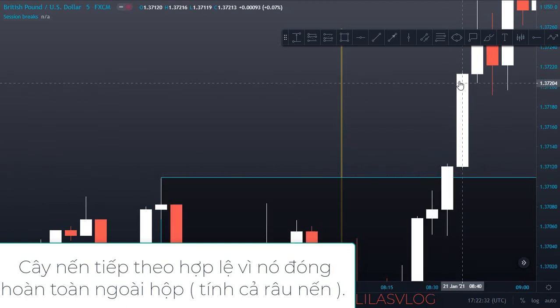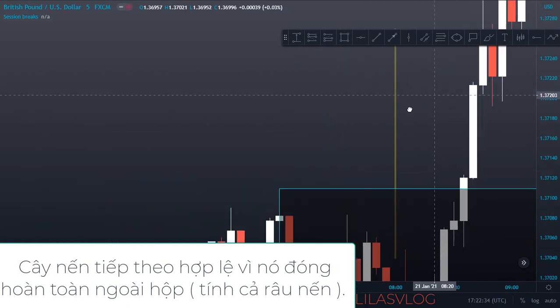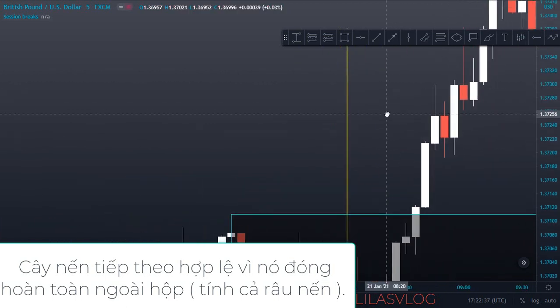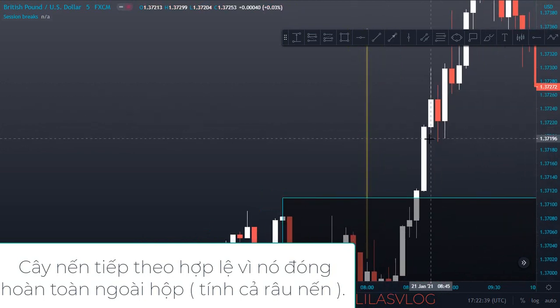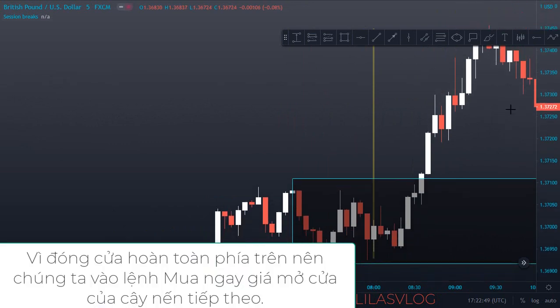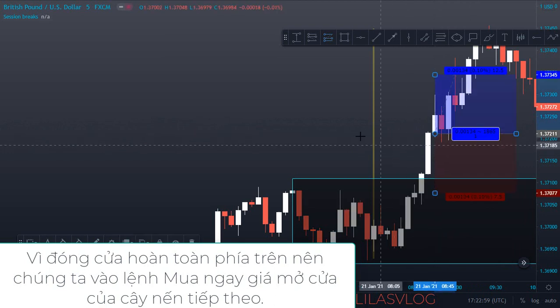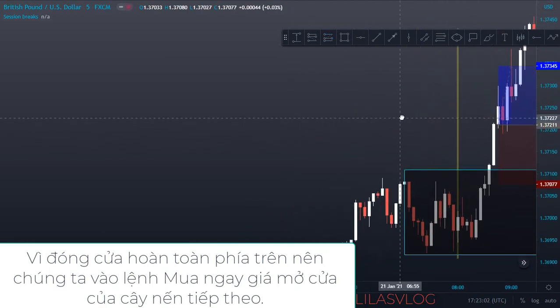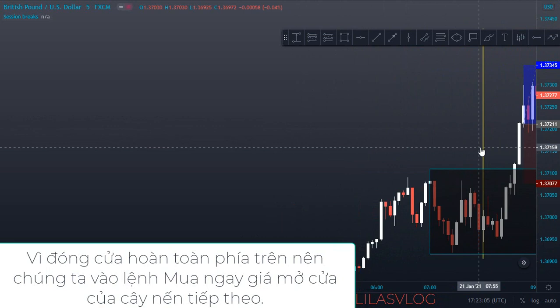So after this candle closed, we might enter at the next candle. This is the candle at 8:40, and our entry is at 8:45 at the open price. I will put a long position because it closed above the box. Alright, the open price here. And how are we going to set our stop loss?